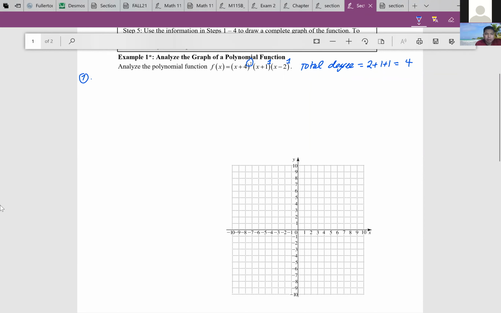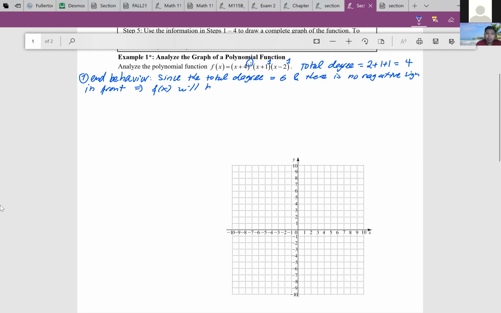All right, number 1, end behavior. Since the total degree is equal to 4 and there is no negative sign in front, I know f of x will behave similar to y equals x to the 4, okay?